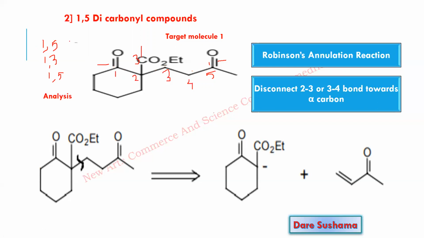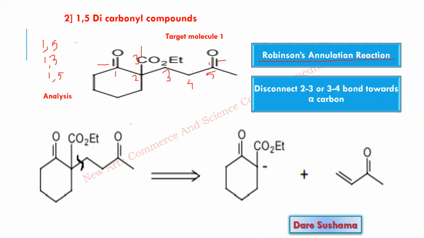Now, whenever a 1,5-dicarbonyl compound is there, you always first of all focus on the 1,5-dicarbonyl compound. Now, what is a 1,5-dicarbonyl compound? If you think about the forward reaction, they are made by the Robinson annulation reaction.